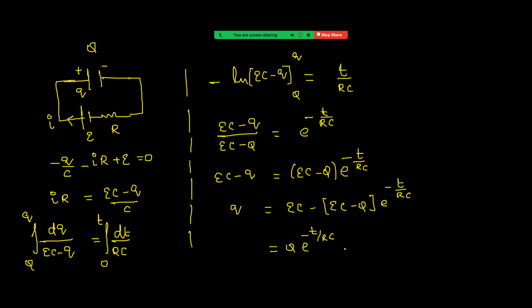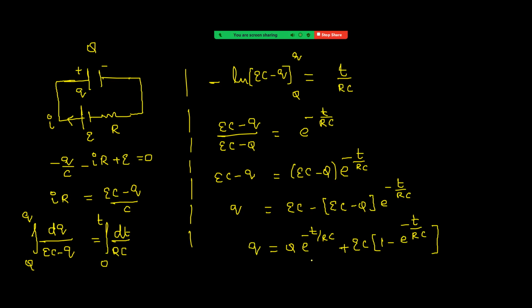Remaining is now epsilon C into 1 minus, it is a plus epsilon C into 1 minus e power minus t by RC.